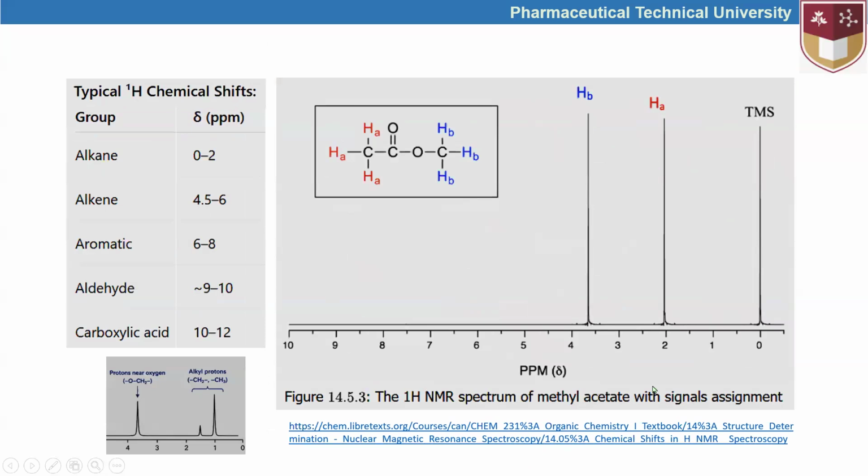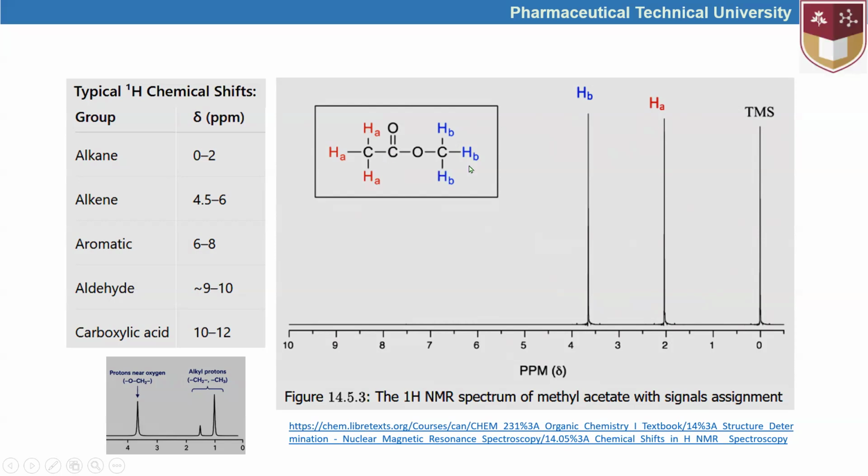Okay, and in this example we can understand all of these pointers I have been trying to explain to you. These three hydrogens are linked to a carbon which has a chemical bond with another carbon.